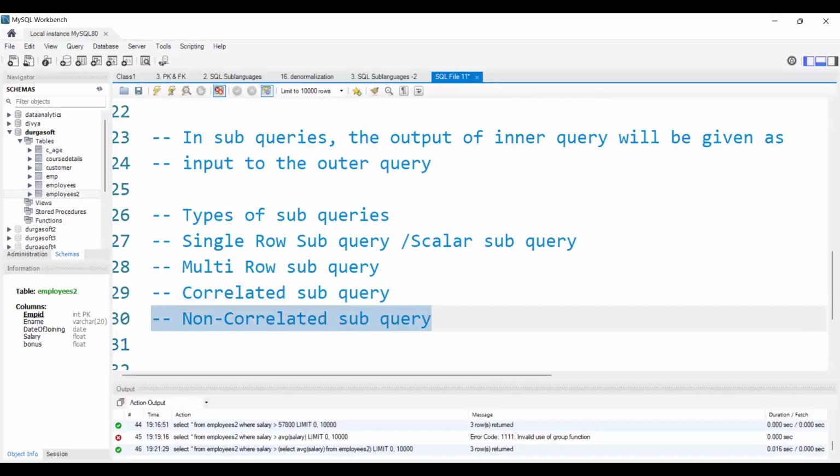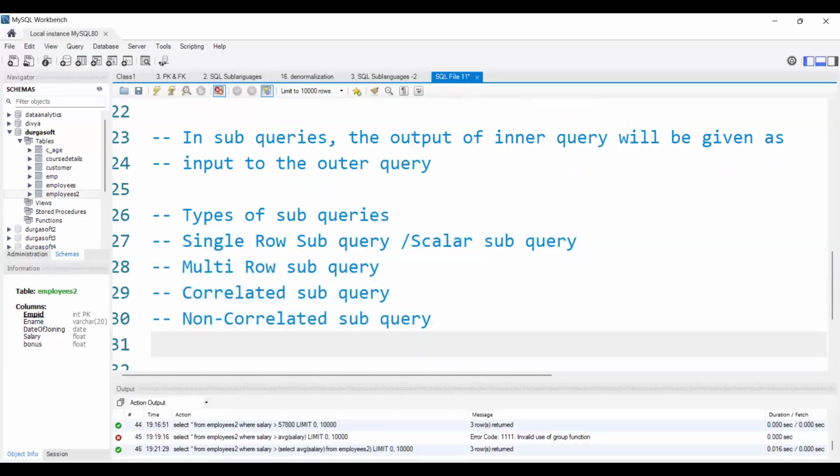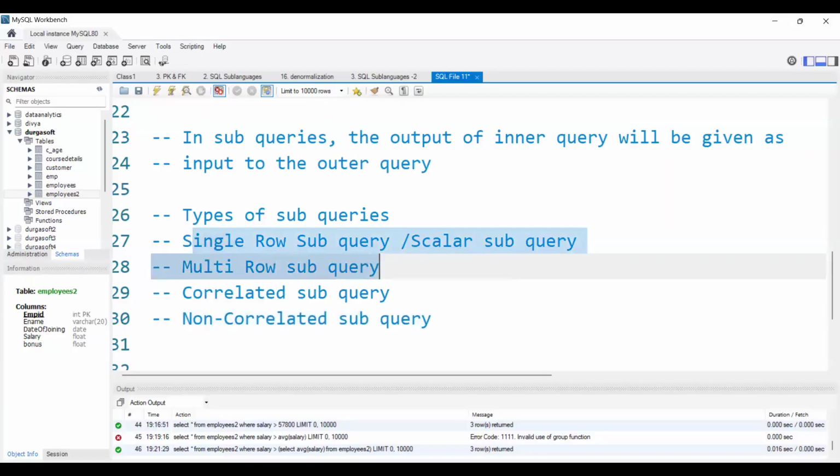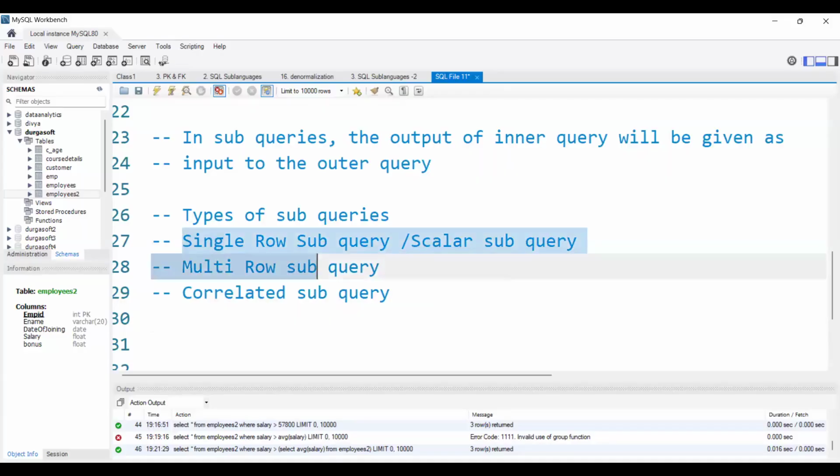I will tell you at the end. For now, just remember we have three types of subqueries mainly. Single row subqueries and multi-row subqueries collectively can be considered non-correlated subqueries also. Let's not discuss that for now. First, let's see these three types.